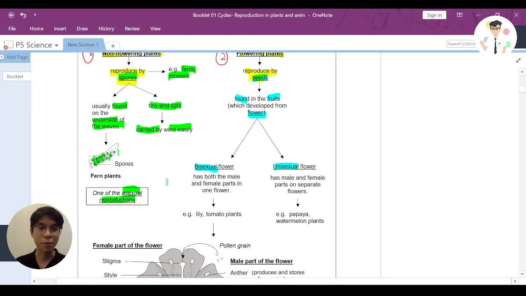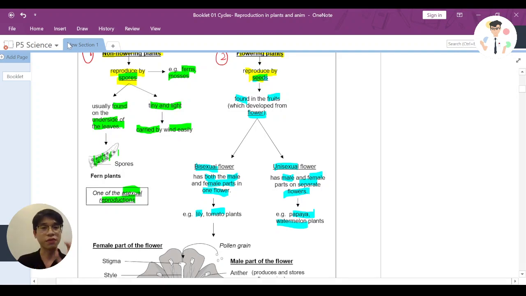So what's the difference? A bisexual flower means it's one flower, but this one flower has both the male and female parts in it. On the other hand, in a unisexual flower, the male and female parts are on separate flowers. As we can see in the examples here, for bisexual we have lily and tomato plants. For unisexual we have papaya and watermelon. So these are the different types of flowers.